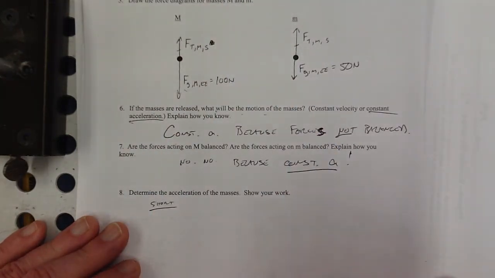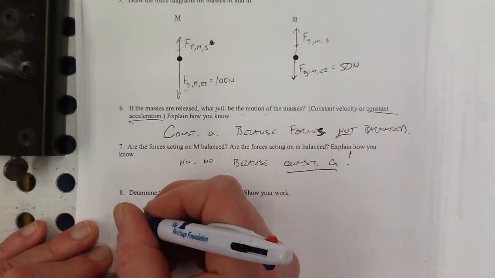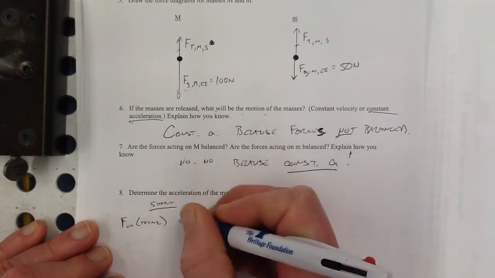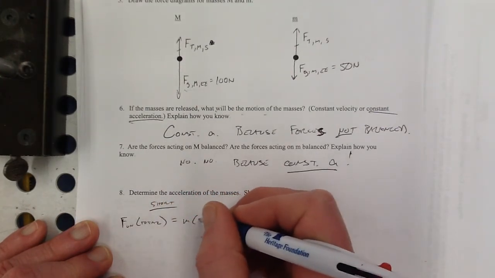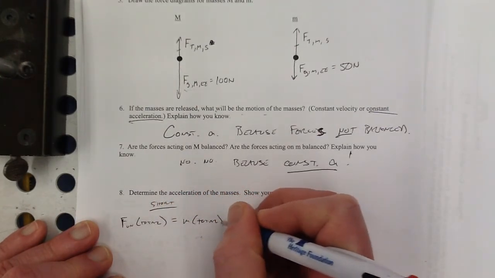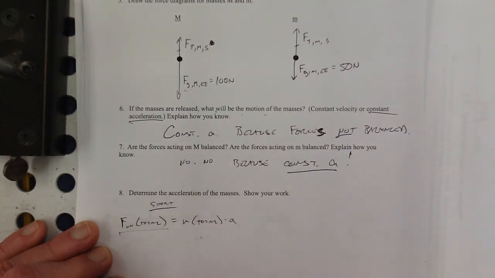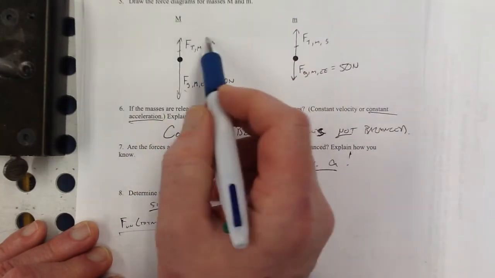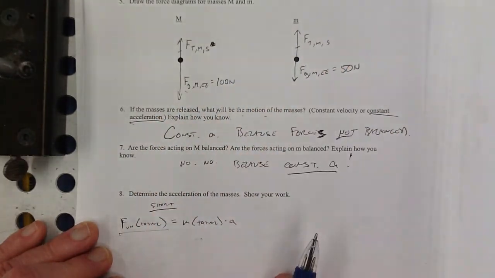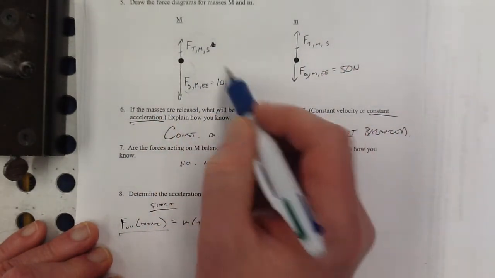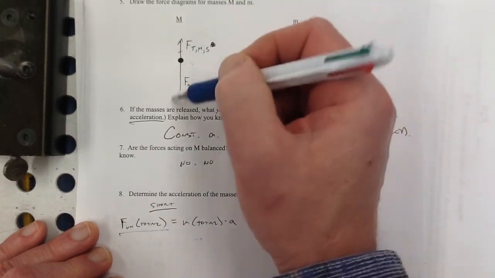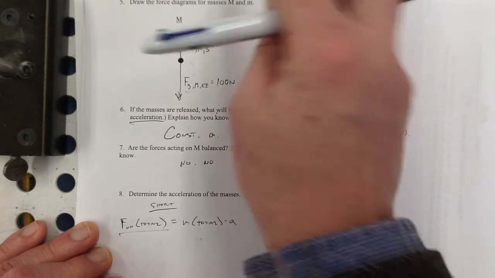So what's happening here with the unbalanced force total equals mass total times acceleration? The total unbalanced force, the internal to the system, just like in the last problem, the tensions are going to cancel out. So this is trying to make it happen, right? This is the direction of the acceleration.